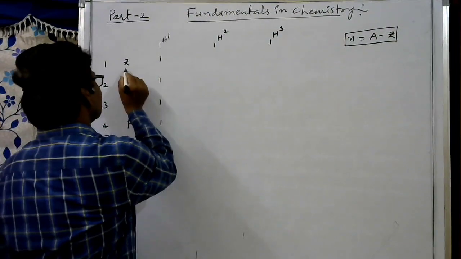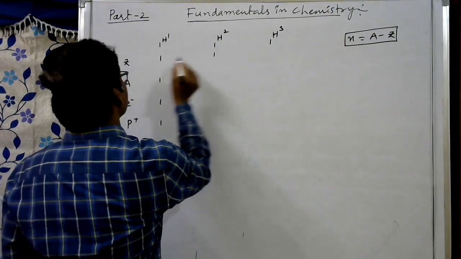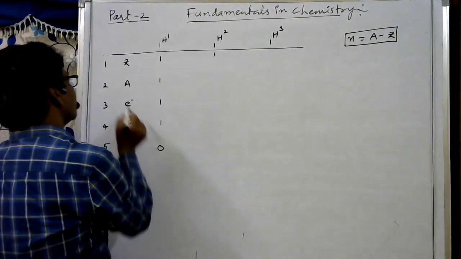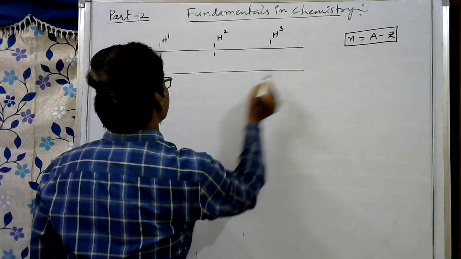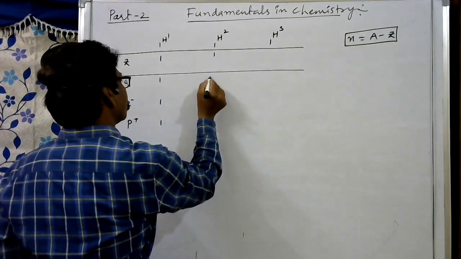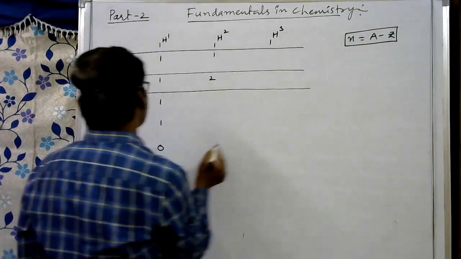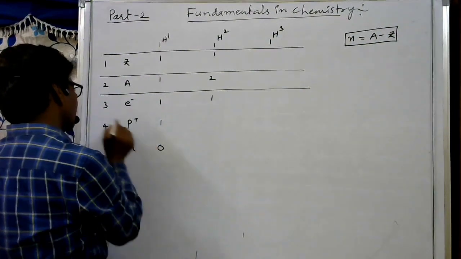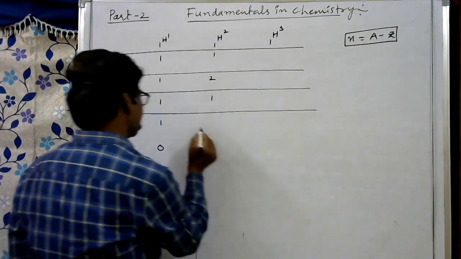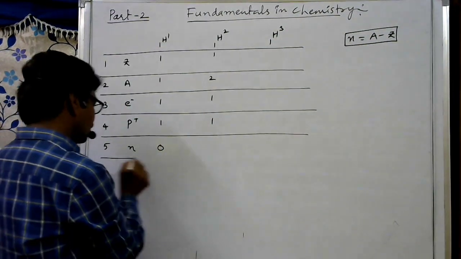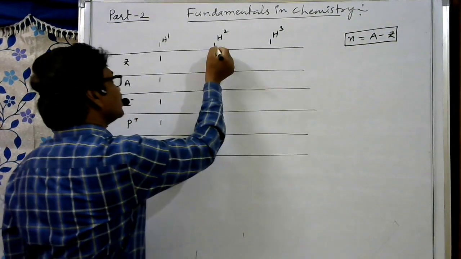Similarly for deuterium, the Z value is 1 and the A value is 2. The number of electrons is 1 and number of protons is also 1.